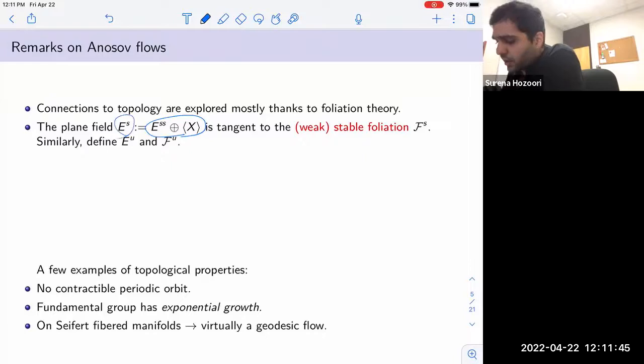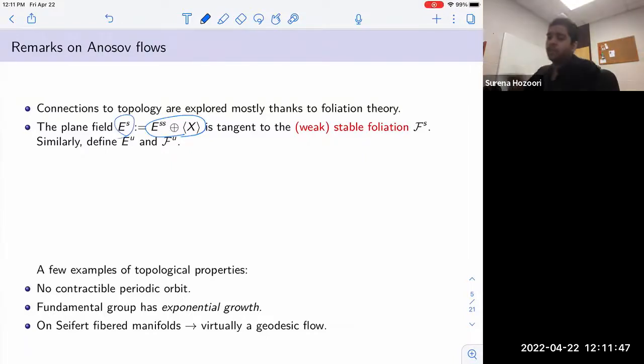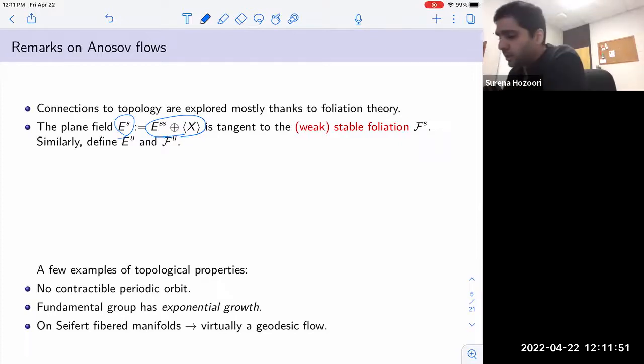Let's call that E^s. It turns out that this plane field is tangent to some foliation, and we call this foliation the stable foliation of the flow. It's very easy to see that these plane fields are integrable. Anosov himself showed that they're uniquely integrable.